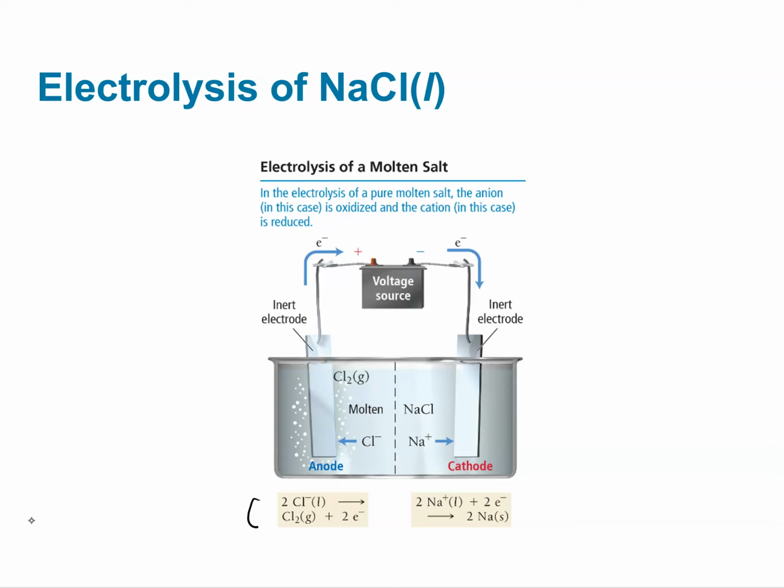And on the right side, we have two sodium cations receiving those two electrons to form sodium metal. So over here we have our anode on the left, and on the right we have our cathode. We're going to be applying the voltage from the anode to the cathode, and both of our electrodes are going to be inert in this particular case.